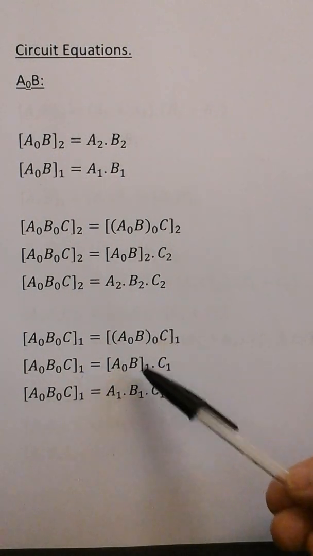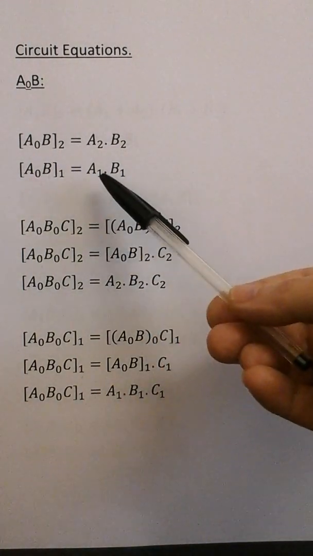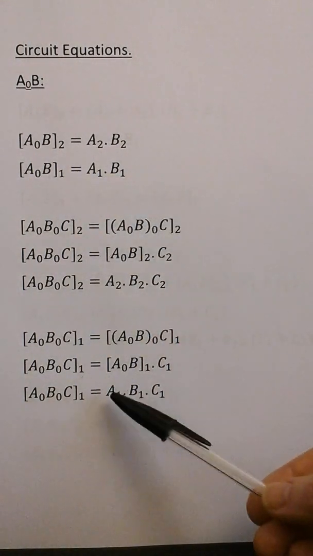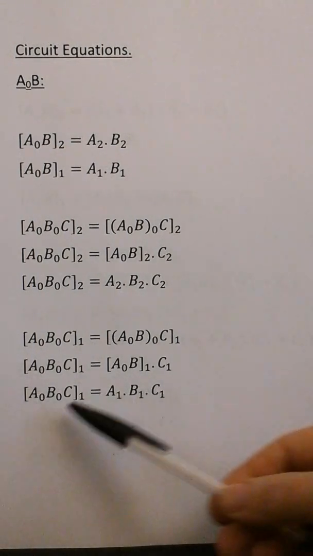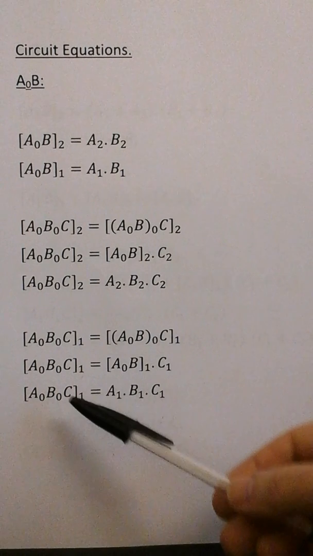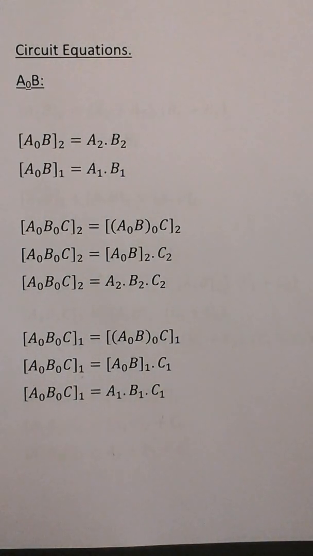So you've got A0B1 and C1. Now A0B1 equals A1 and B1. So you substitute that in, A1 and B1, and you get A0B0C1 equals A1 and B1 and C1. And you can use this technique to expand for any number of variables you like.